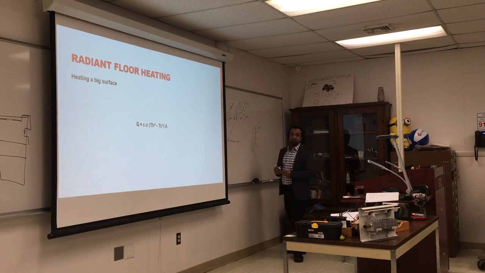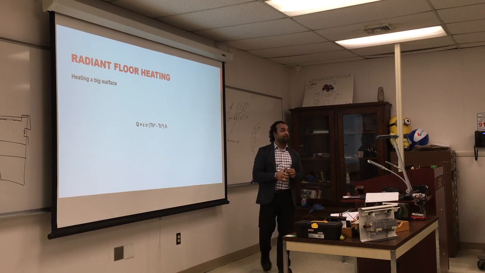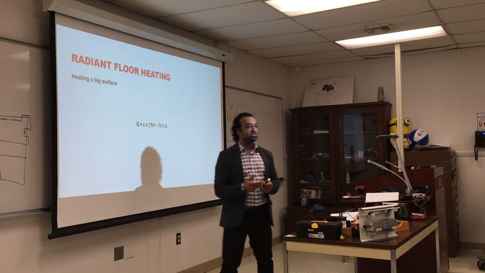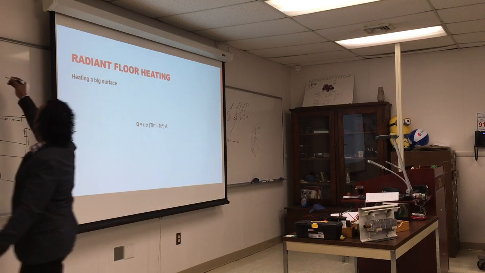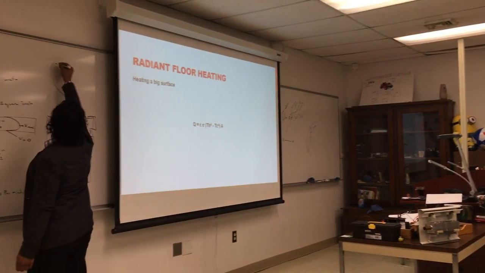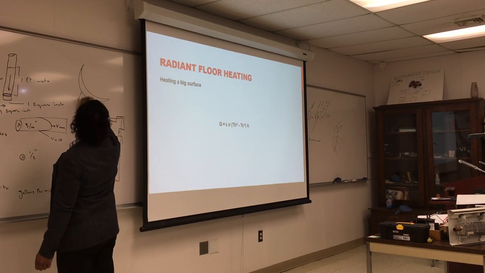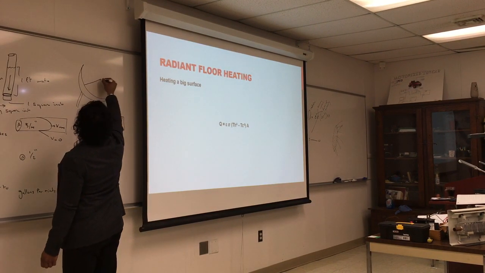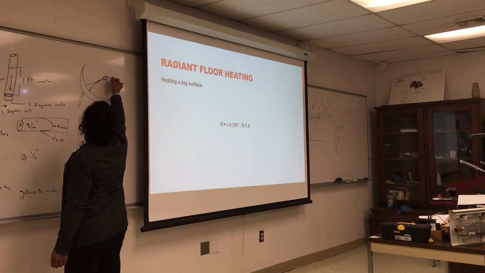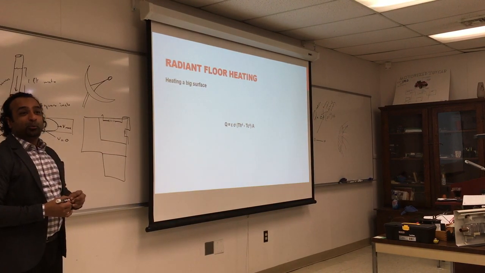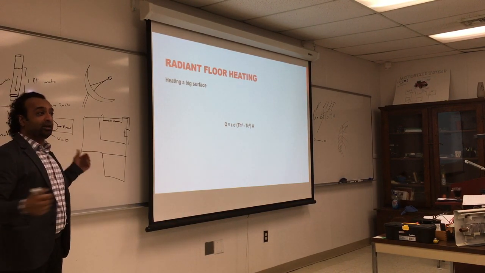So if you ever have a dish satellite, what is it doing? If you have a dish satellite, looks like that, right? What's in the middle? That thing. The receiver. What it's doing is basically it's collecting waves.